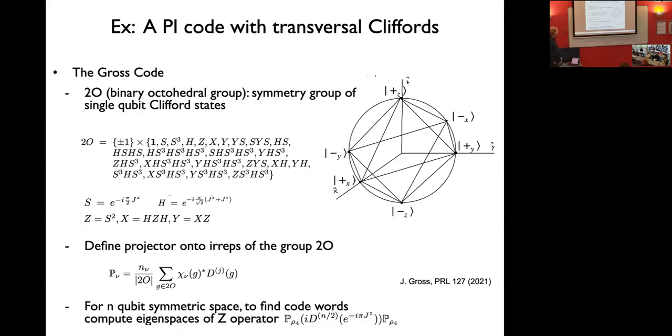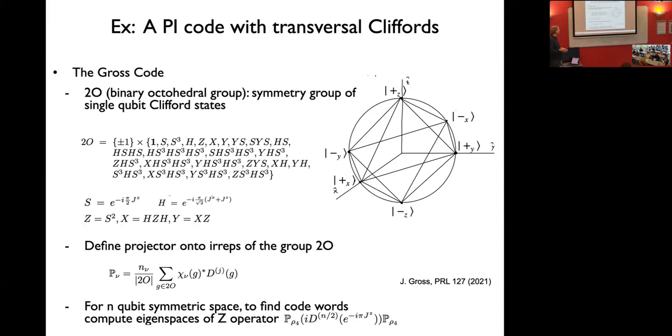Right, so this is just to go through a construction of one of these codes, which has transversal Clifford gates. There was this code proposed by Jonathan Gross 3 years ago. The idea is that you want to have your Clifford operations on the code be transversal, so just be these global operations.